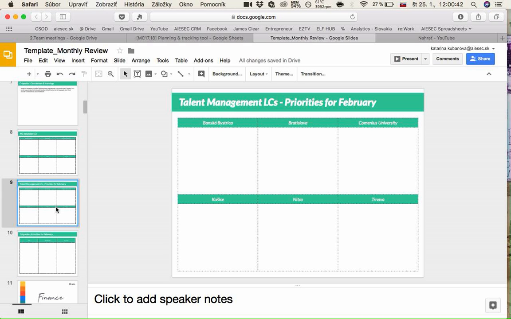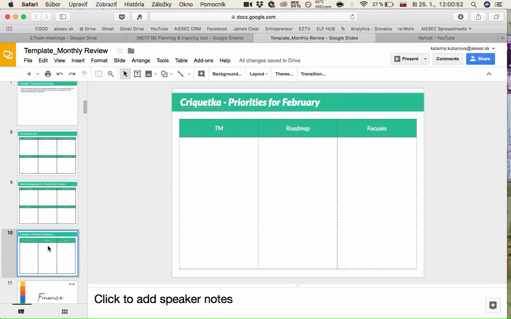So LCPs or LCs are going to fill this in before, so we will actually see what they plan to do. And also when it comes to us, try to fill it in as much as possible, because you have your individual plans.